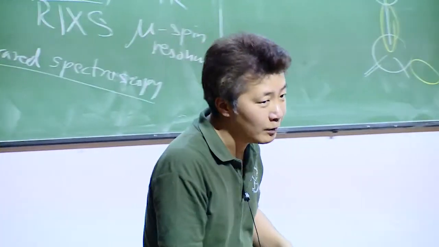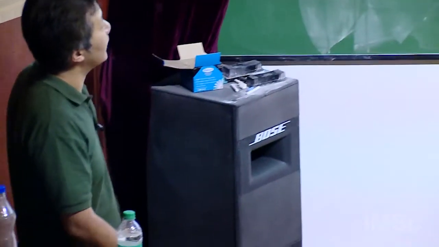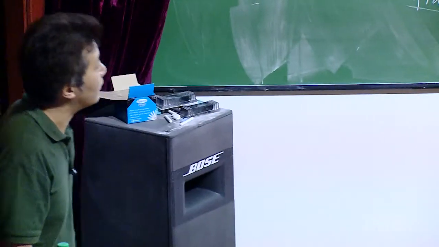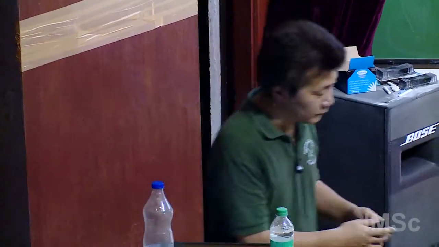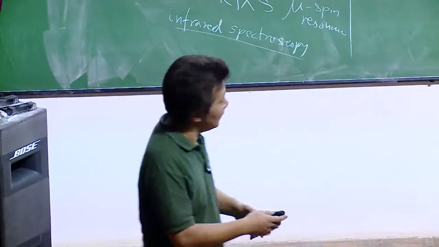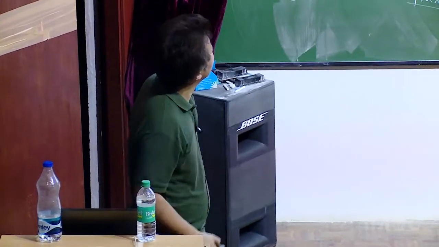I'm going to tell you about explicit results from the gauge mean field calculation, as well as numerics like quantum Monte Carlo. We are talking about a quantum spin model with some very complicated interaction terms.